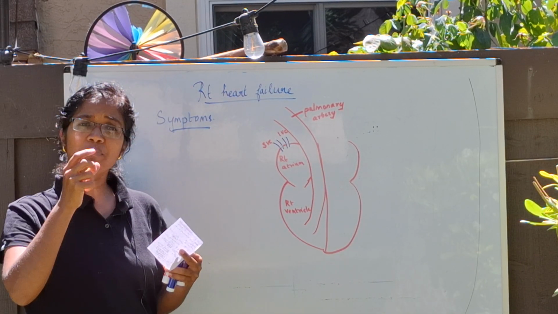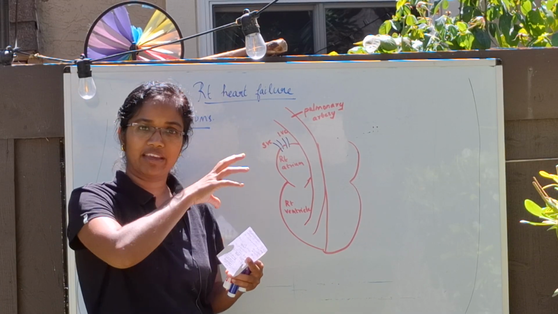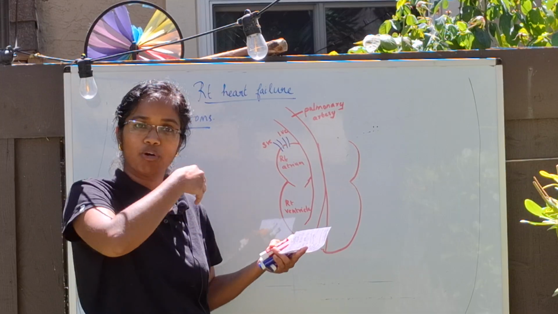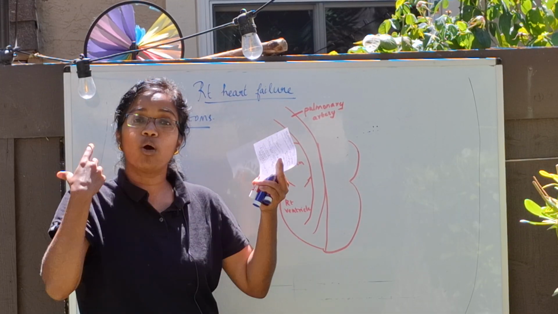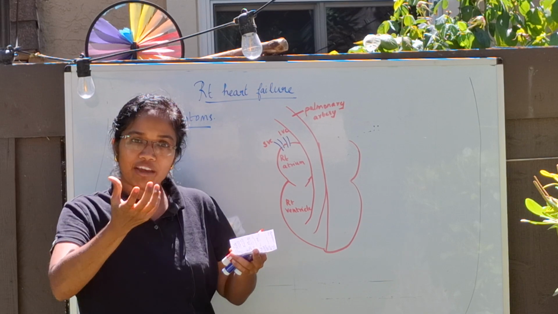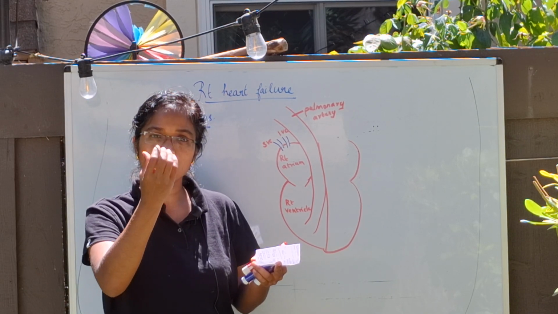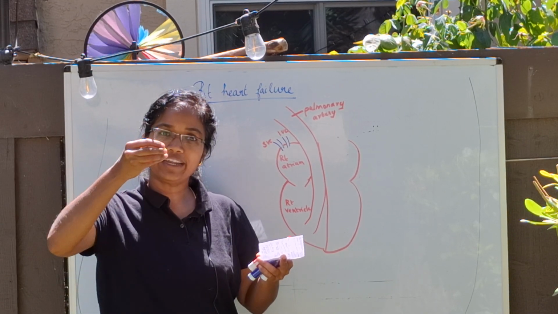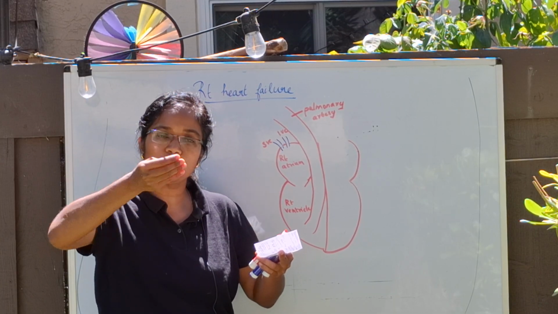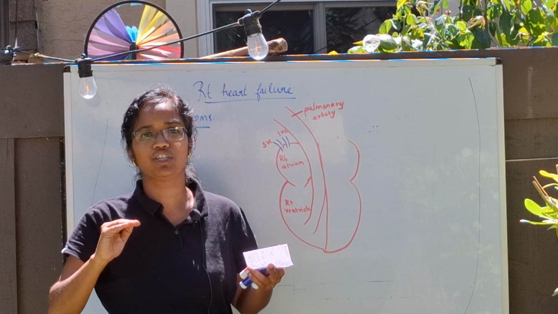The venous channels all throughout the body are under pressure. Therefore, when a vein is under pressure, there will be a transudation of fluid from the vein to the interstitial tissue.